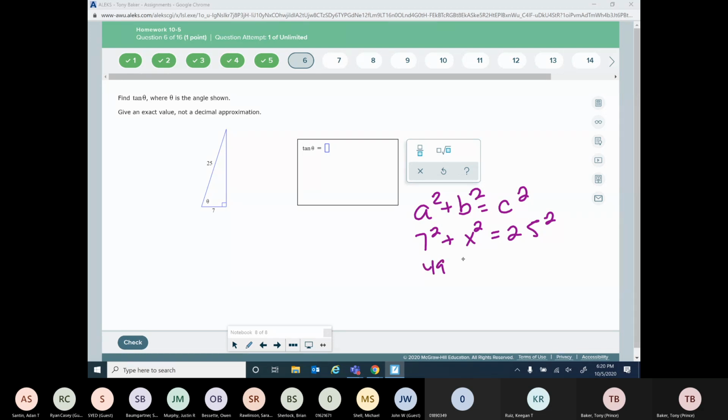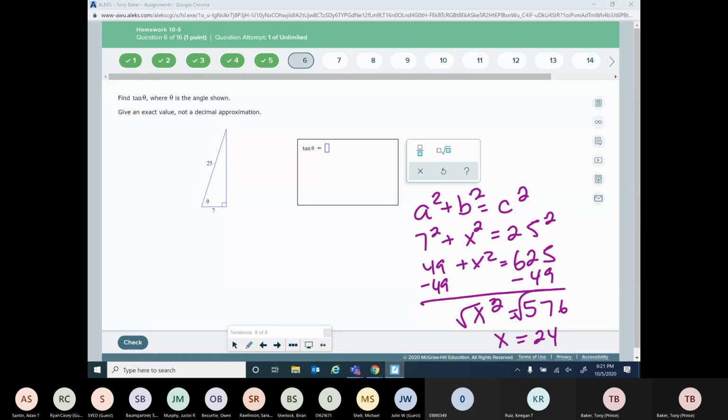That's up to 25. Subtract 49. And we get x is 24.